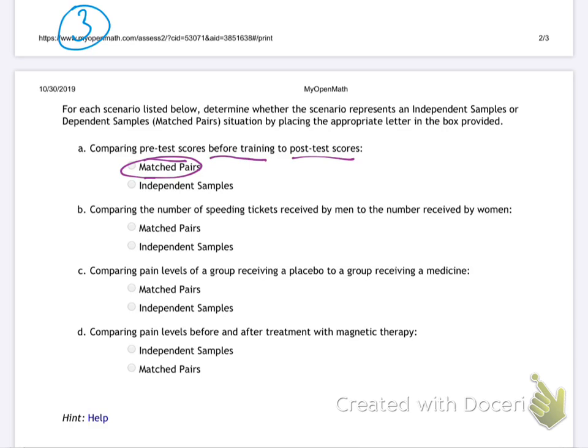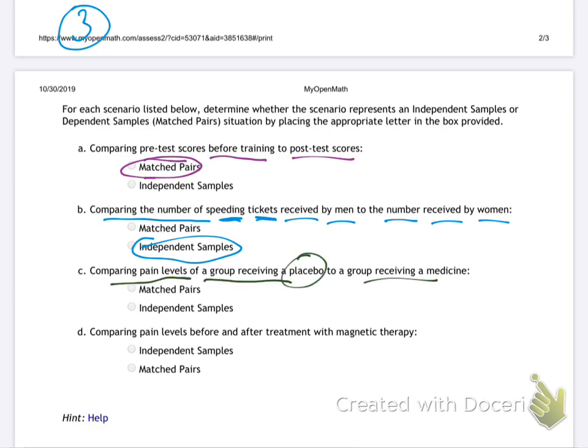Next one, comparing the number of speeding tickets received by men to the number received by women. Independent, right? If we did husbands and wives, then they'd be matched up. Or brothers and sisters, or something like that. That could match them up, but they're not doing that. Next, comparing the pain levels of a group receiving a placebo to a group receiving a medicine.